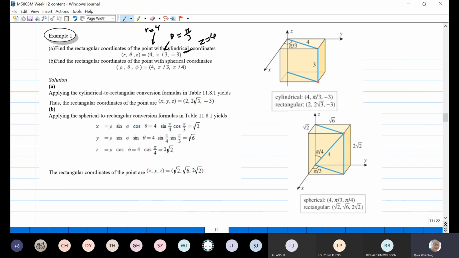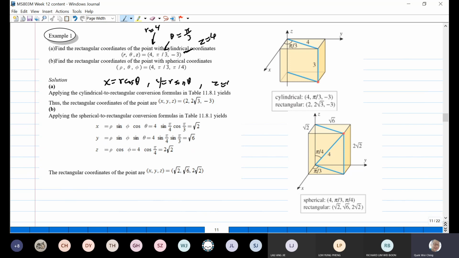So the rectangular coordinate, how do you find it? That is quite easy. You just x equal to what? x equal to r cosine theta. Then you get x already. And then y equal to r sine theta.